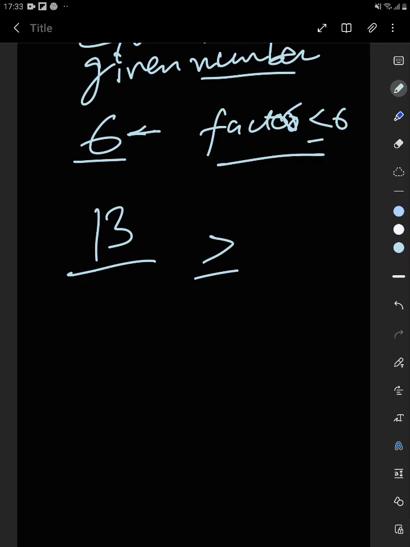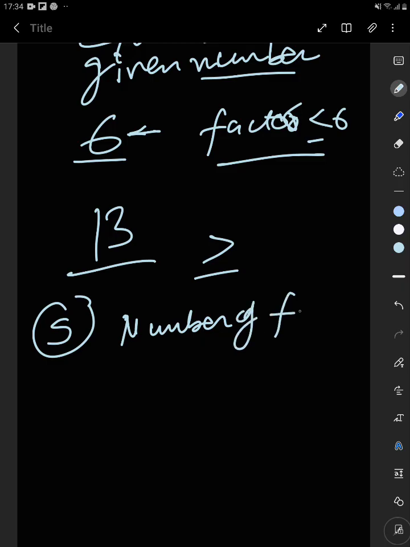Now coming to the fifth property. What is the fifth property? That the number of factors of a given number is finite. Why? Because any number which is finite can have a finite number of factors only.